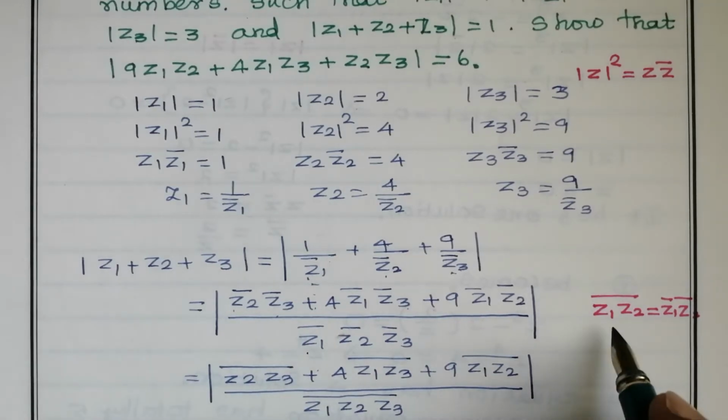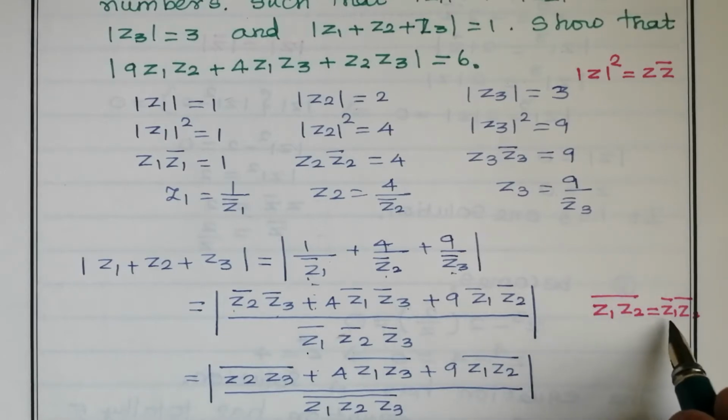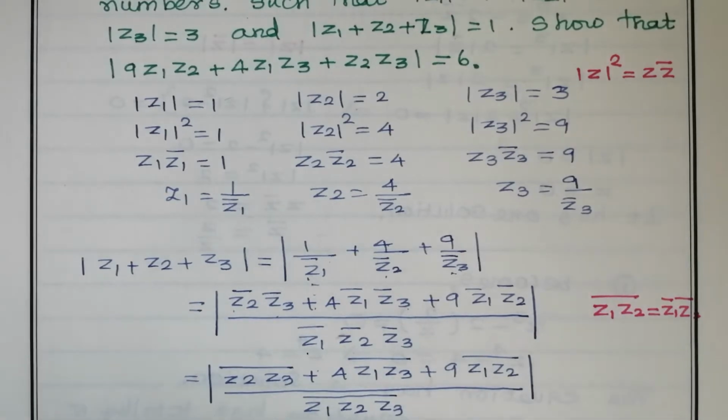Already we know that Z1 Z2 the whole bar equals Z1 bar into Z2 bar. So Z2 bar Z3 bar equals Z2 Z3 the whole bar. Again Z1 bar Z3 bar is Z1 Z3 the whole bar, and Z1 bar Z2 bar is Z1 Z2 the whole bar.